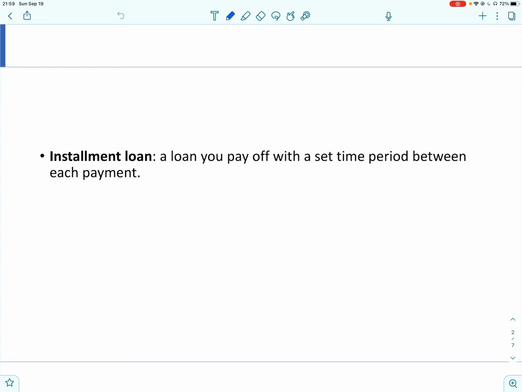Your student loans will eventually become installment loans where you have to pay off a certain amount every month. If you pay the minimum on credit cards, those could be a type of installment loan, but it's always better to pay more than that. But those are different types of installment loans.